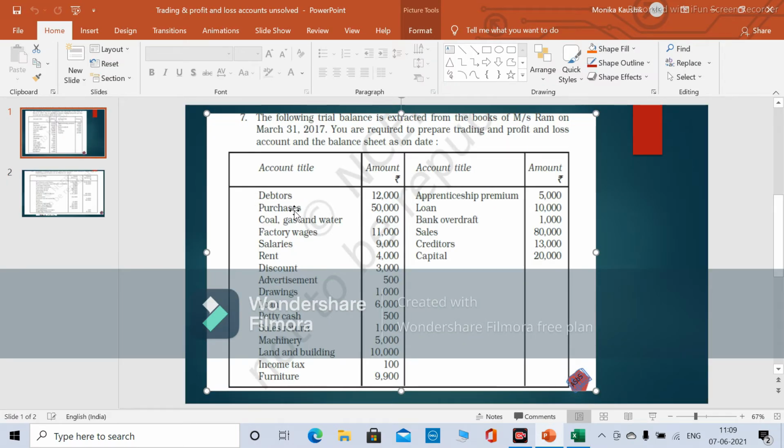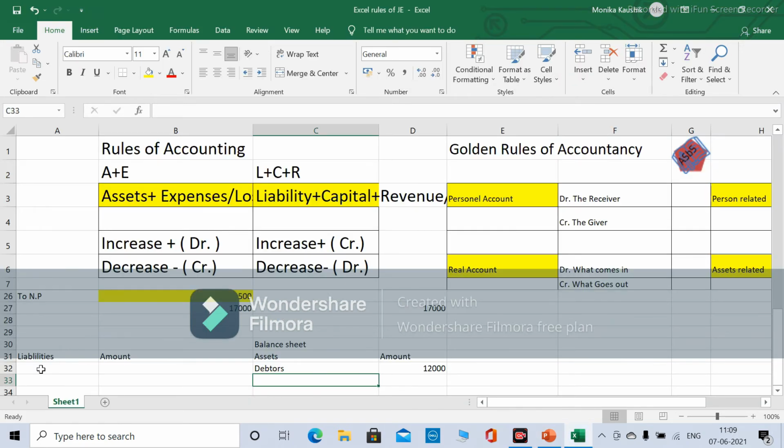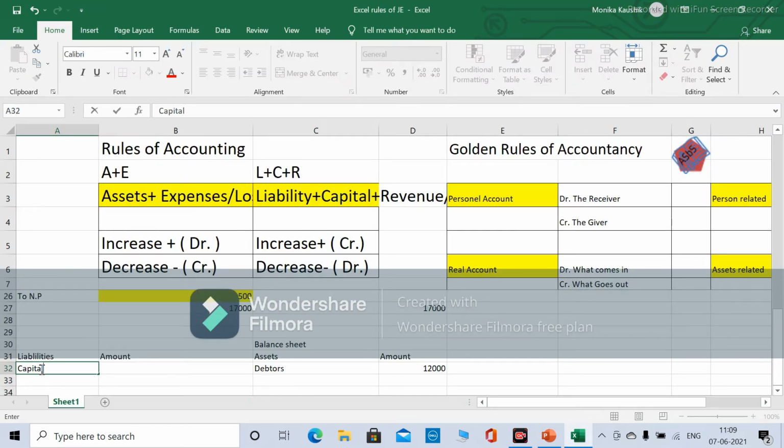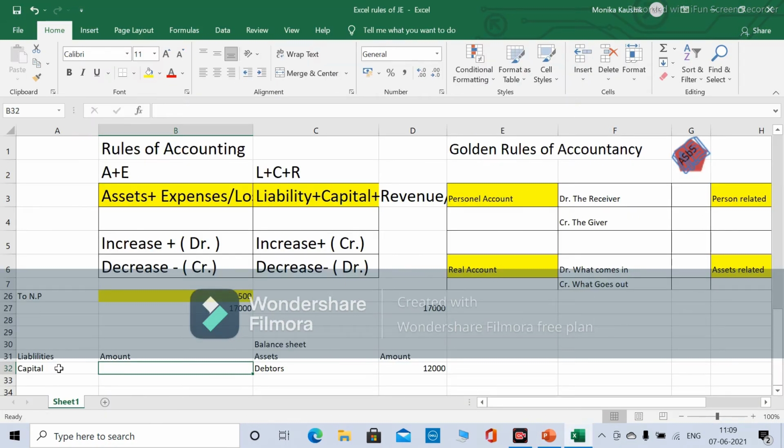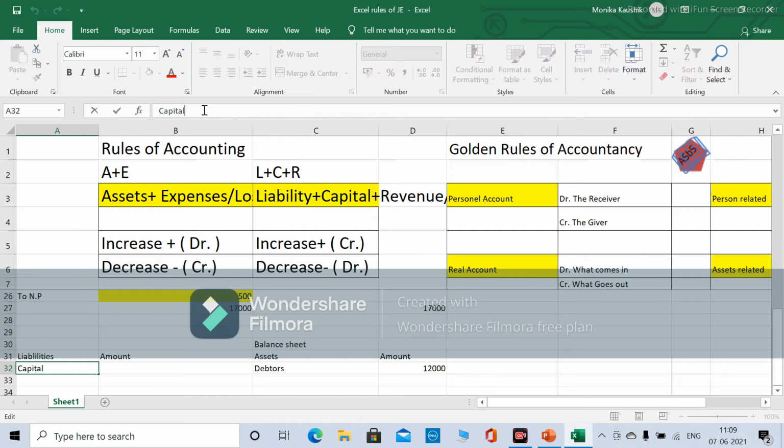Purchases, this is already taken in the trading account, coal, gas, factory wages, salaries, rent, discount, advertisement, drawings. Now let's calculate all these things. Capital. What is capital? Capital is this part, liability. From the capital 20,000 rupees, let's add net profit.